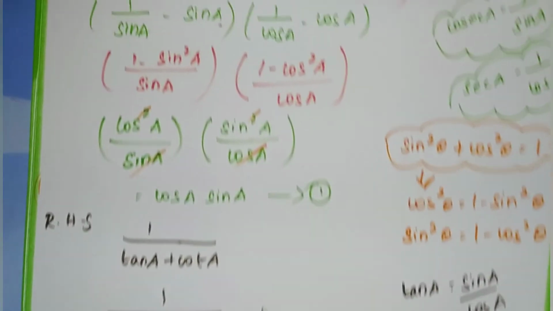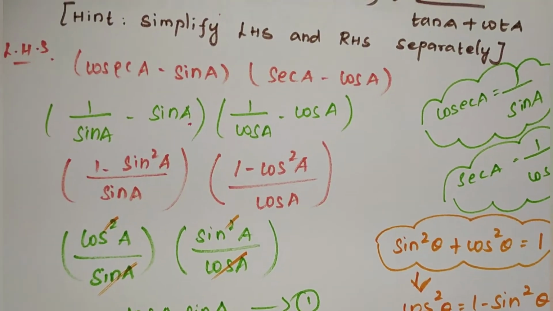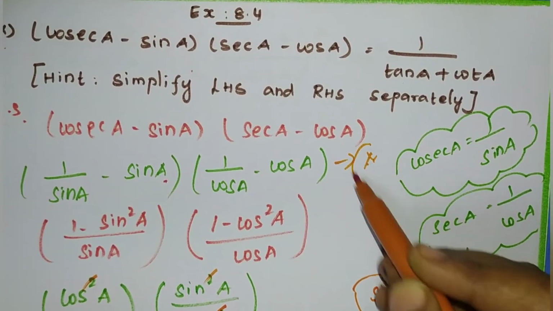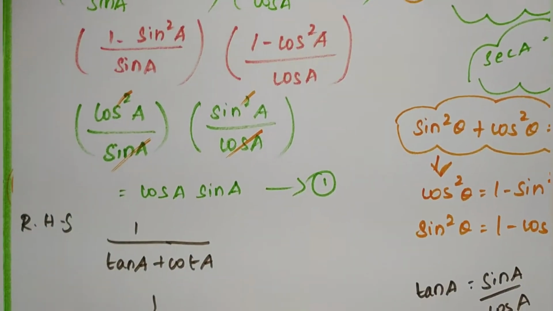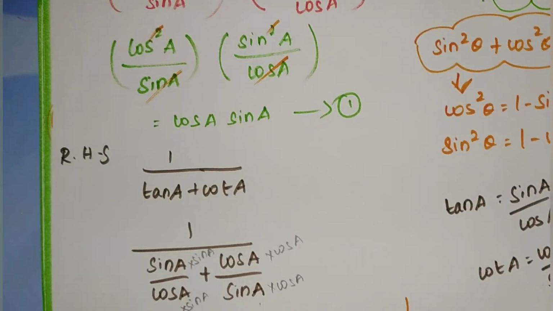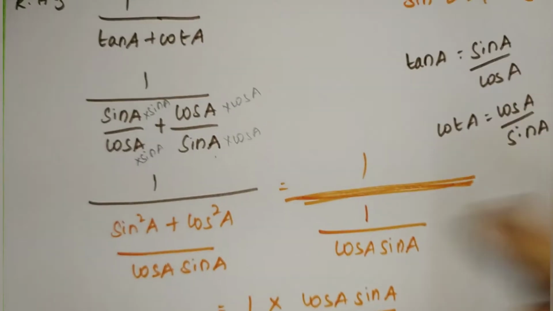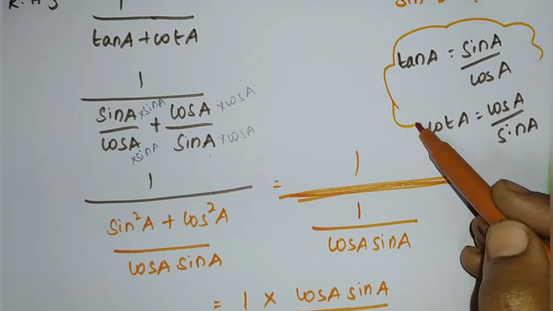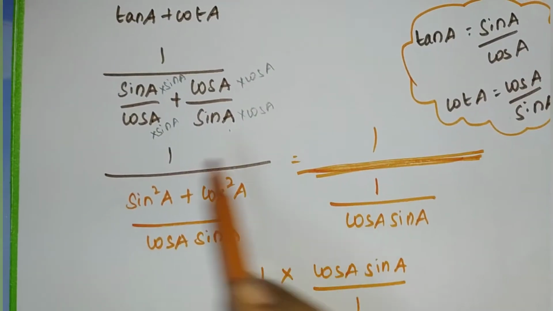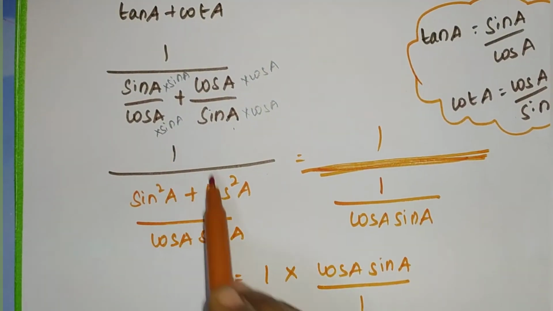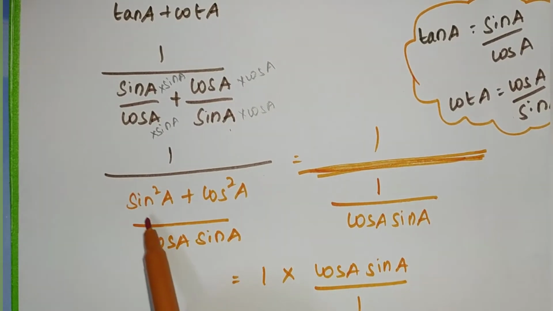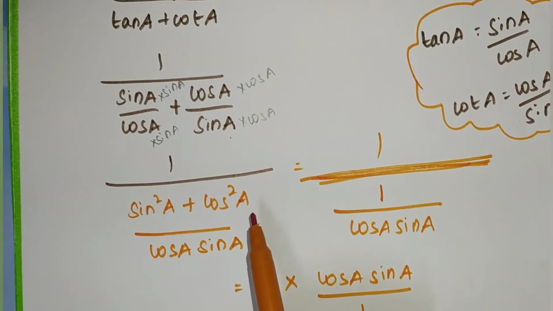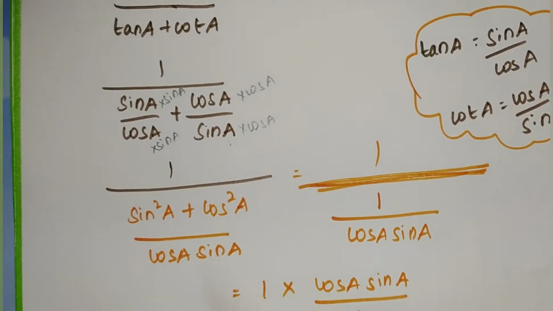Which points do you have to remember in this problem? Just simplify this one: take the LCM and then simplify. For this problem also you have to remember the change, that tan A is equal to sin A by cos A and cot A is equal to cos A by sin A. And here also you have to apply the trigonometric identity, sin square A plus cos square A, whenever there is a need.